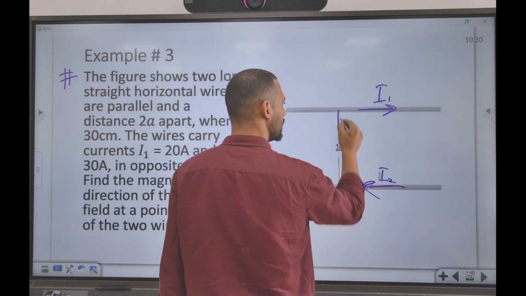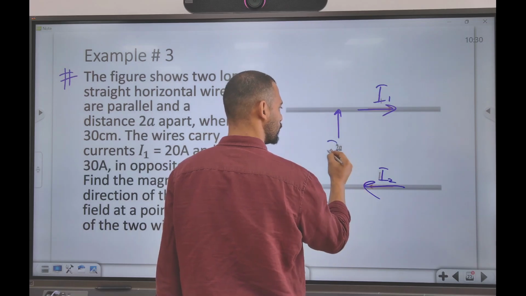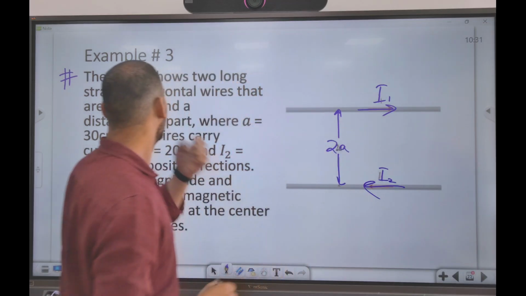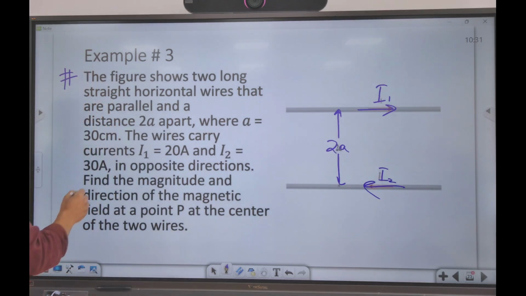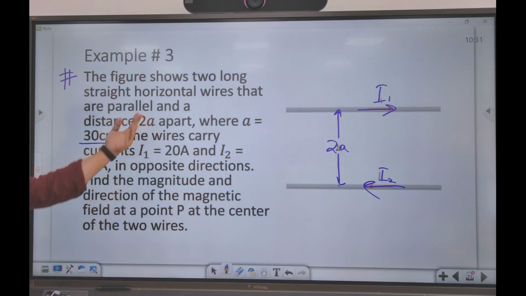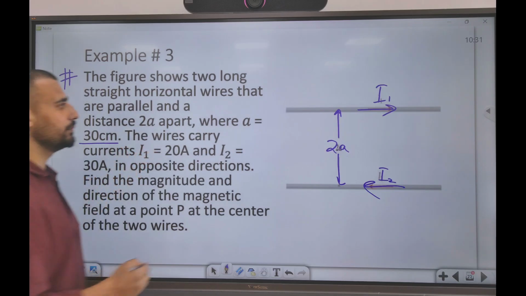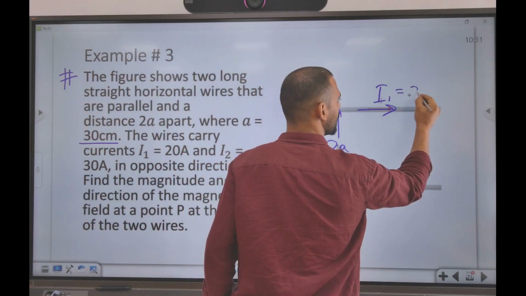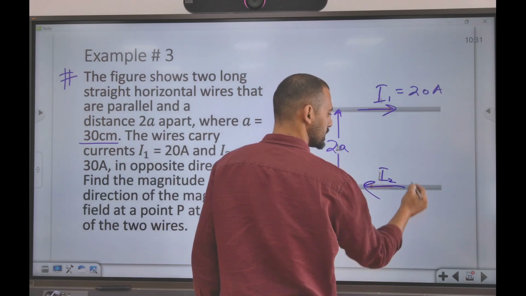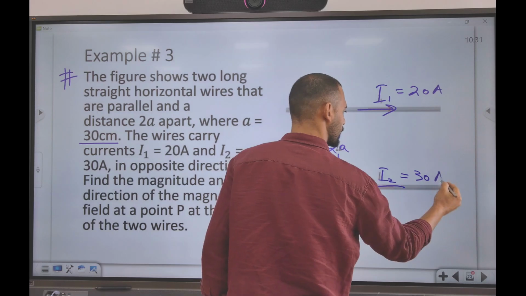The distance between the wires is 2 times A, where A is 30 centimeters. The currents are 20 amperes and 30 amperes, so this is 20 ampere current, and this is 30 amperes of current, fine?